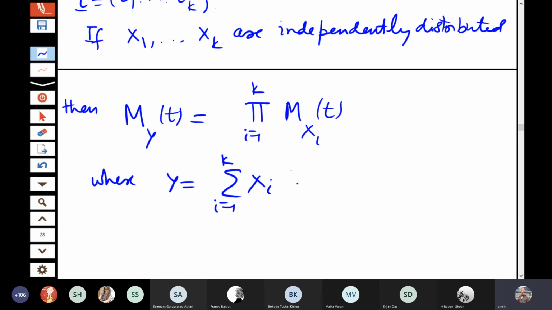Using this last result, we can prove the additive properties of various distributions.